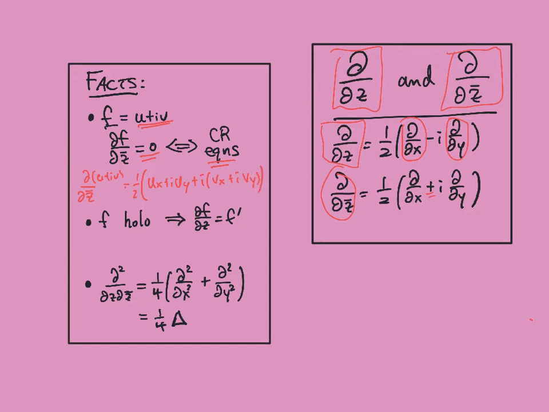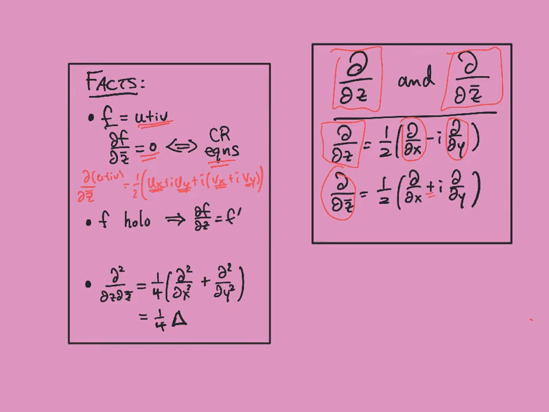And if we look carefully here, we see that the real part is ux minus vy, and the imaginary part is uy plus vx. And so when those two things are zero, that's exactly the Cauchy-Riemann equations.